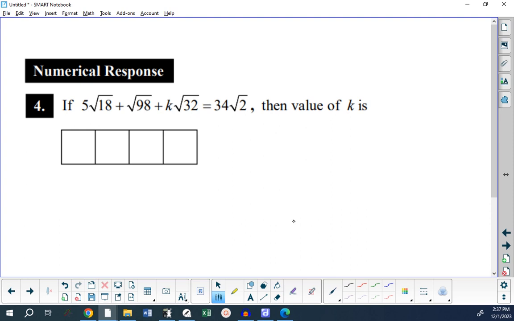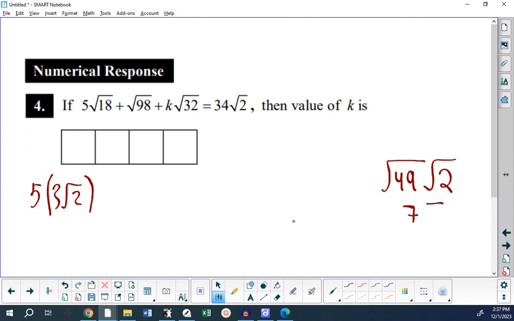Each of those radicals on the left can be simplified. So root 18 is 3 root 2. Root 98 is 7 root 2. And if you didn't know that that's where it was going, you're told that this simplifies to 34 root 2.